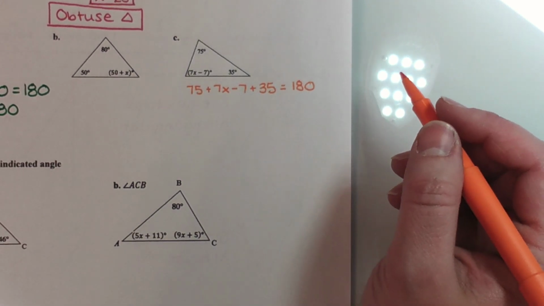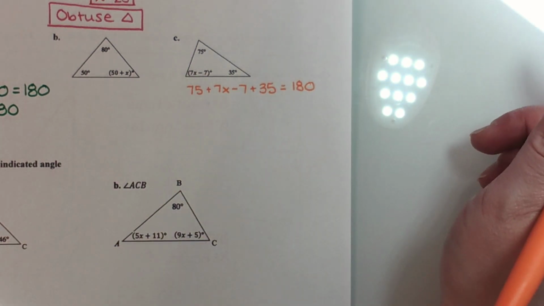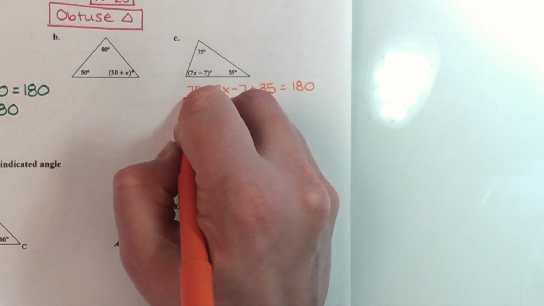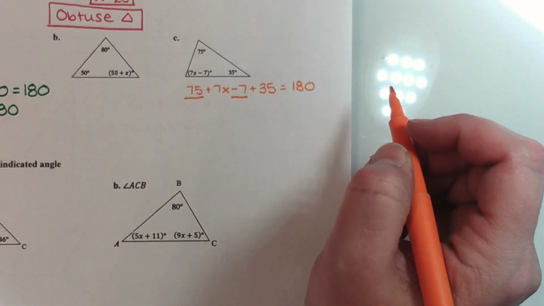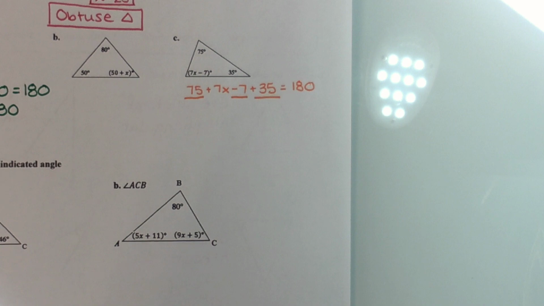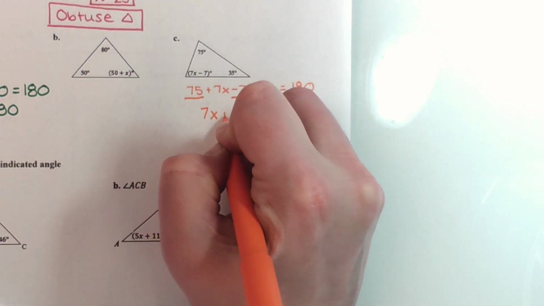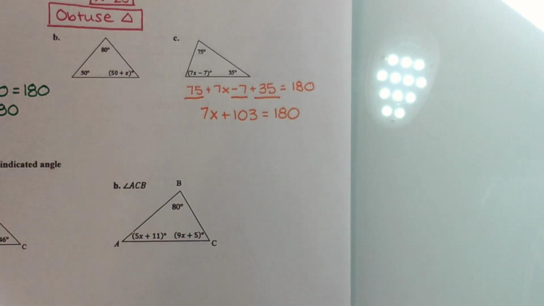When I combine like terms, what do you think is the most common mistake people make on this problem? They ignore the fact that the 7 is negative. So be careful of that. 75 plus a -7, aka -7, plus 35. 7x plus 103 is equal to 180.